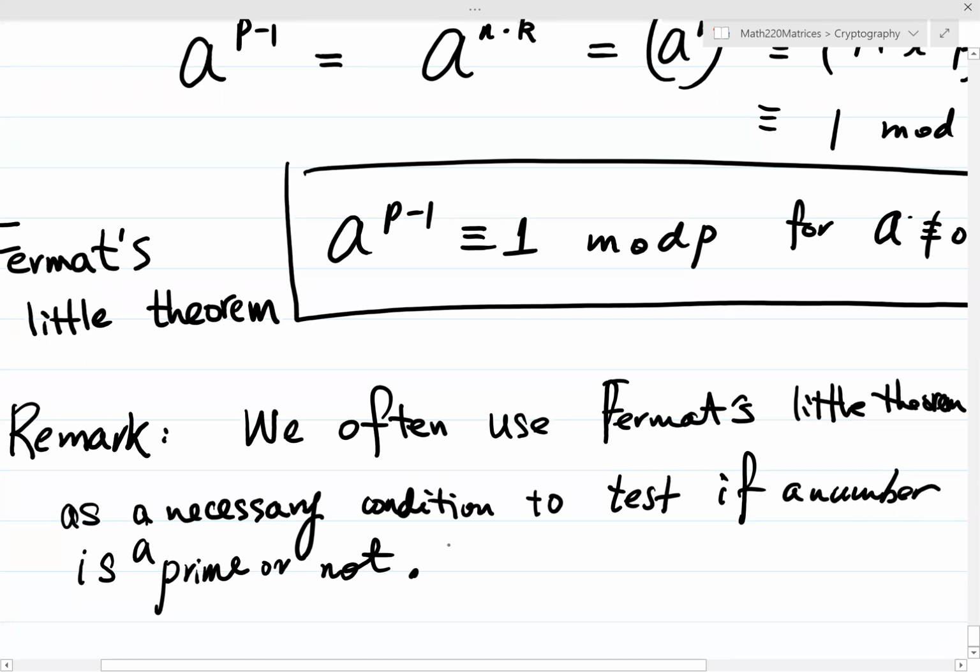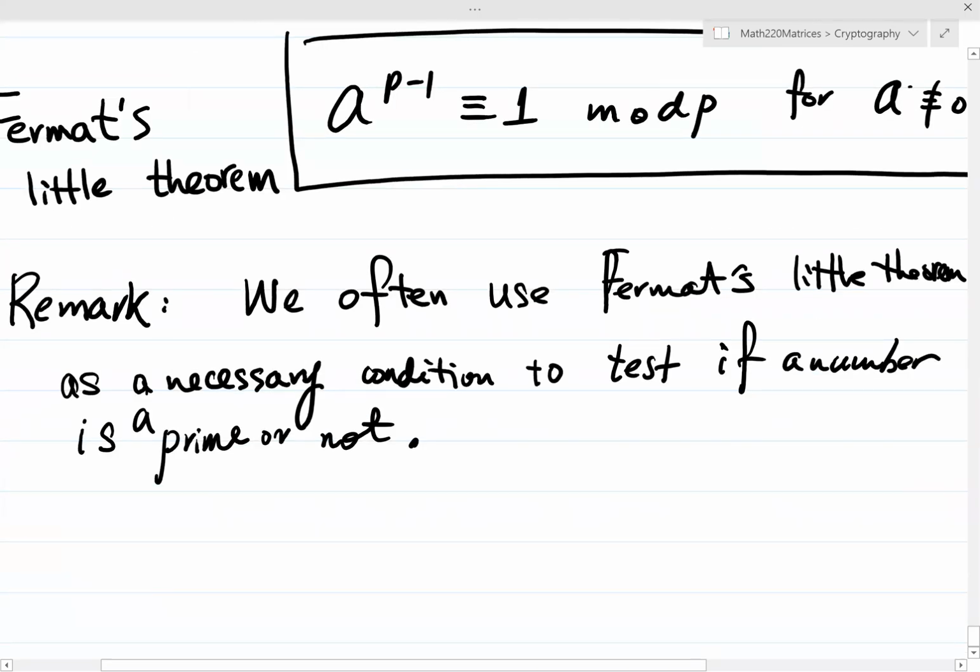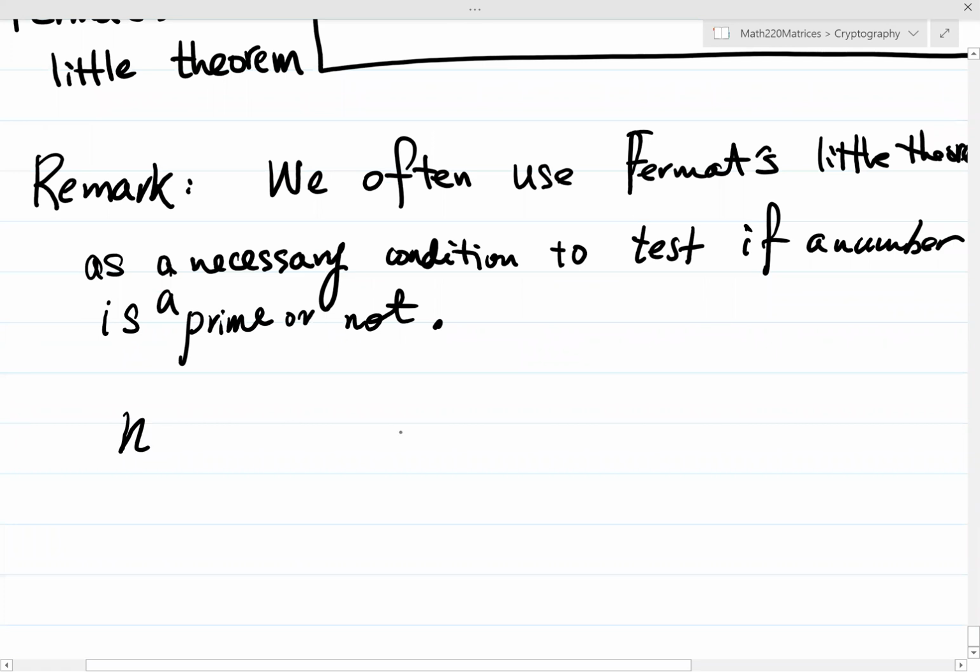Now, if you choose a non-zero number modulo this number, suppose you have a number n, and A is not zero mod n.